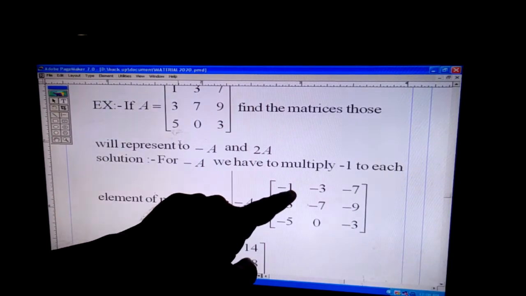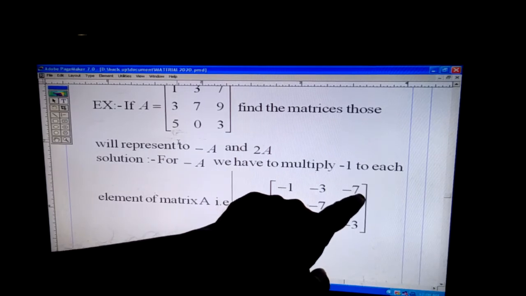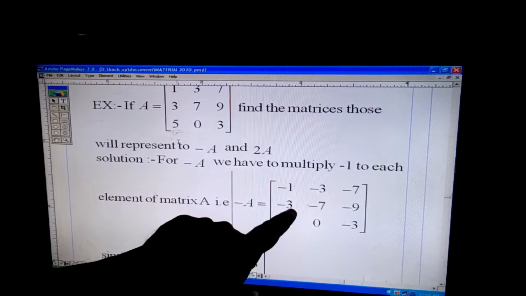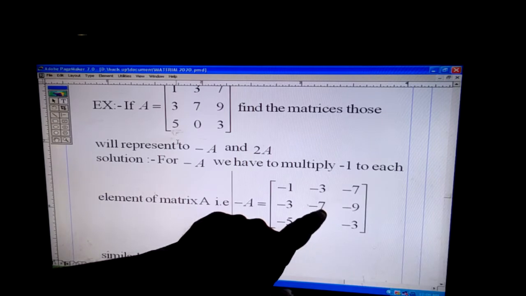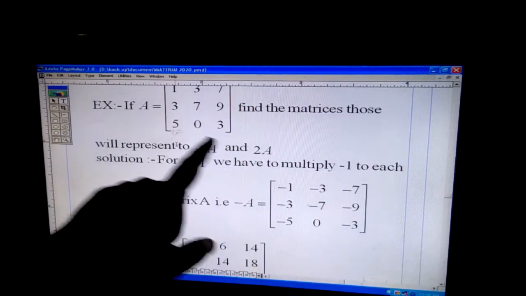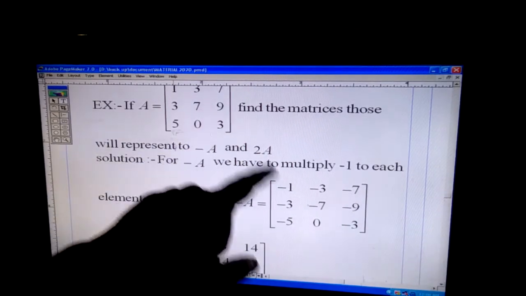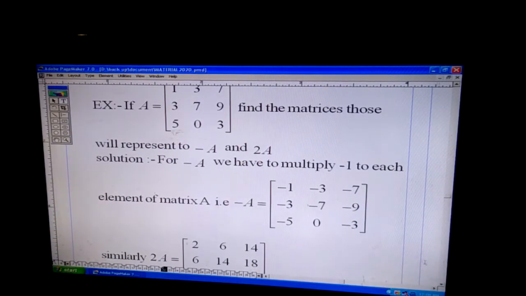So 1 into minus 1 is minus 1, 3 into minus 1 is minus 3, 7 into minus 1 is minus 7, 3 into minus 1 is minus 3, 7 into minus 1 is minus 7, 9 into minus 1 is minus 9, 5 into minus 1 is minus 5, 0 into minus 1 is 0, 3 into minus 1 is minus 3.